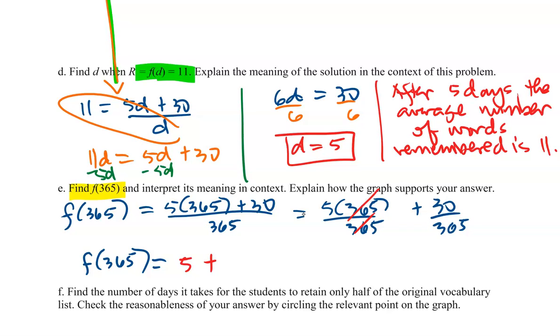So that is 5 plus 30 over 365, which is 0.0822. So this is approximately 5.0822. And that means after 365 days, the average number of words remembered is 5.0822.